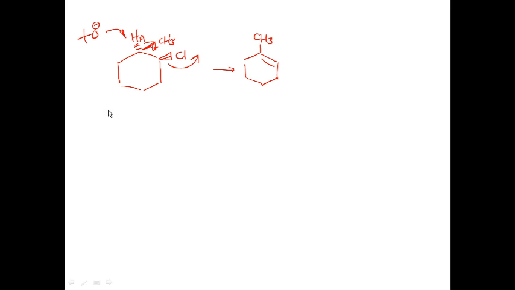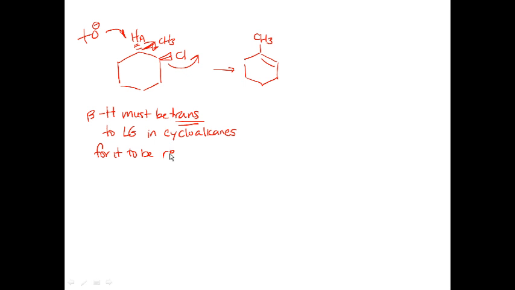So the idea is that the beta hydrogen must be trans to the leaving group in cycloalkanes for it to be removed in E2. Okay, so only the beta hydrogens that are trans are going to be those that can be deprotonated by the base in an E2 mechanism.